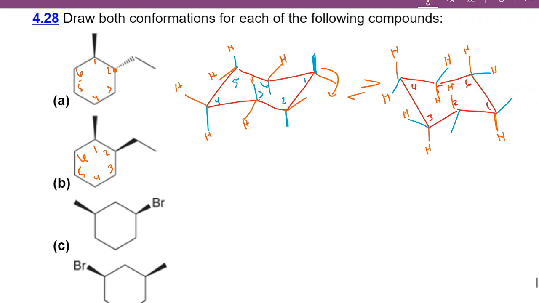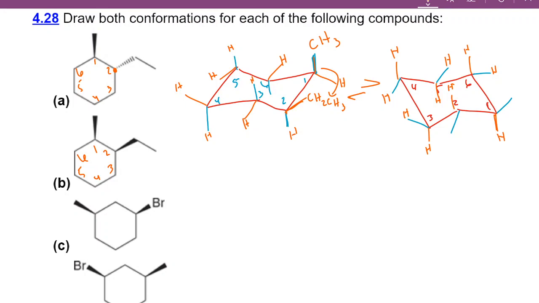For B, if our methyl group is axial up, then our ethyl group is on the same side of the ring, so that's going to mean it's equatorial up. Since it's on the same side, we have to get both up ones. So the other hydrogens are down.